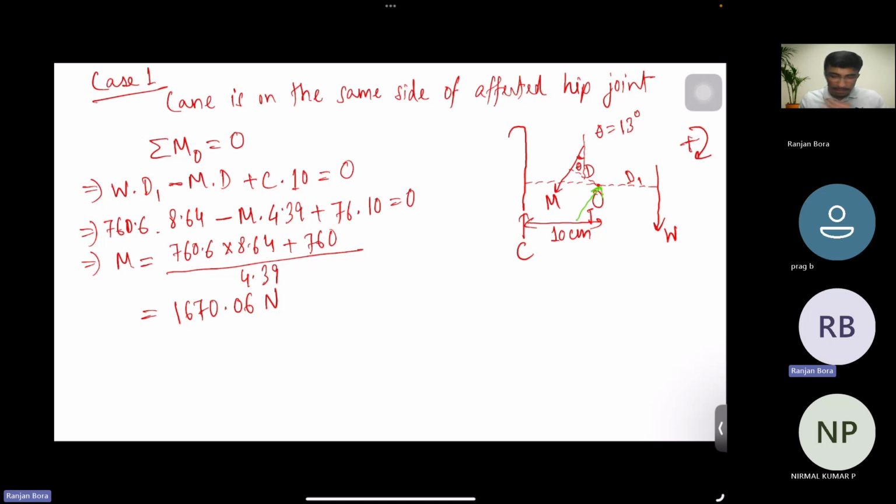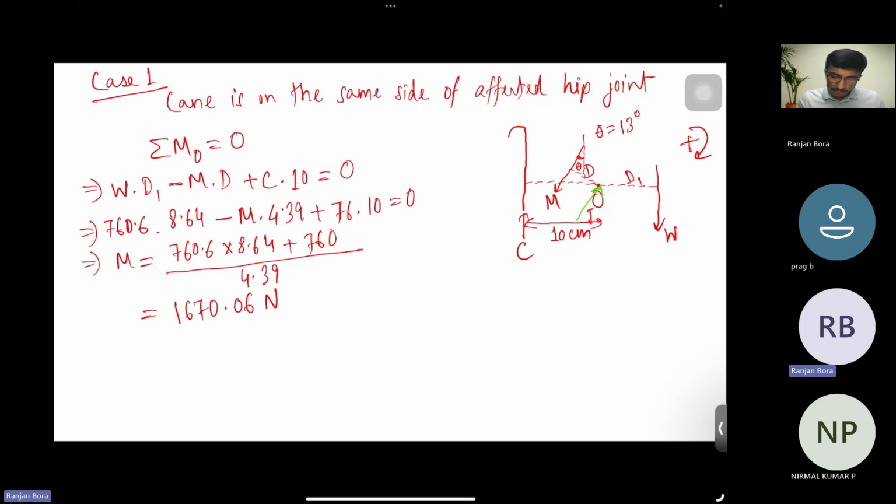Okay, now we can apply the vector method. We can take these three forces, M, J, and W, and we can represent it using a vector triangle.